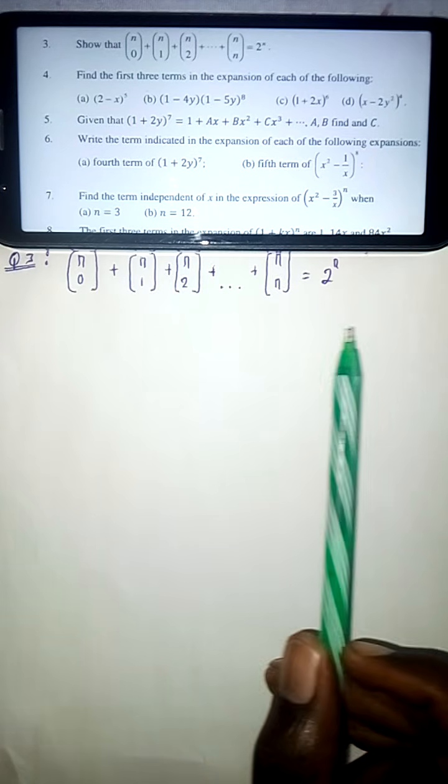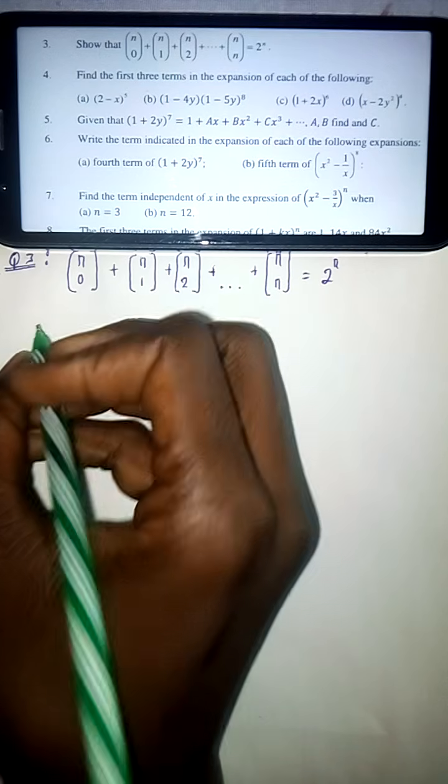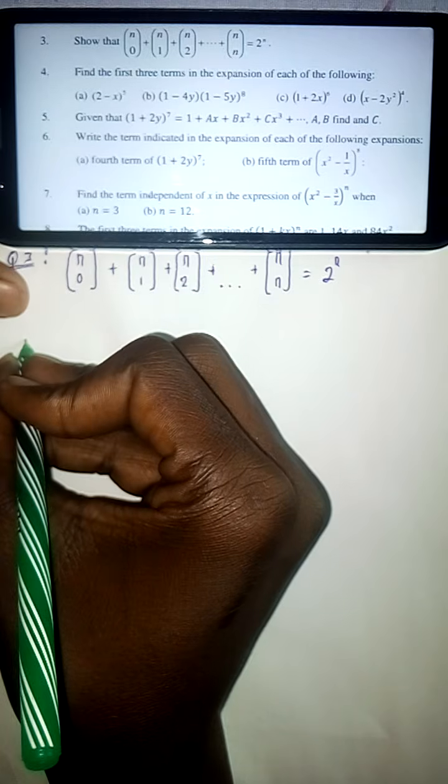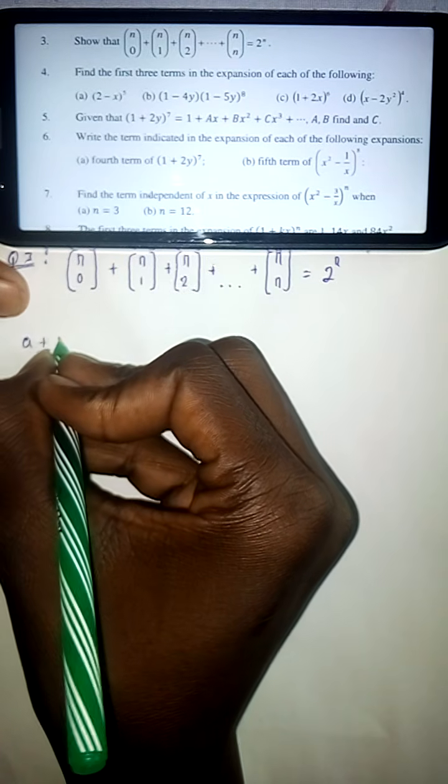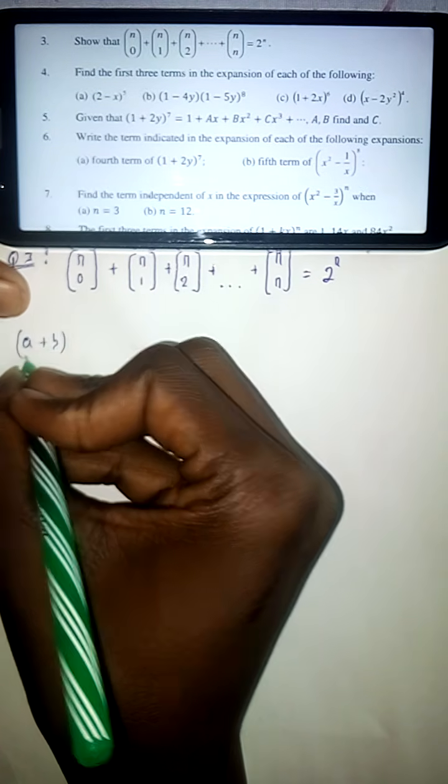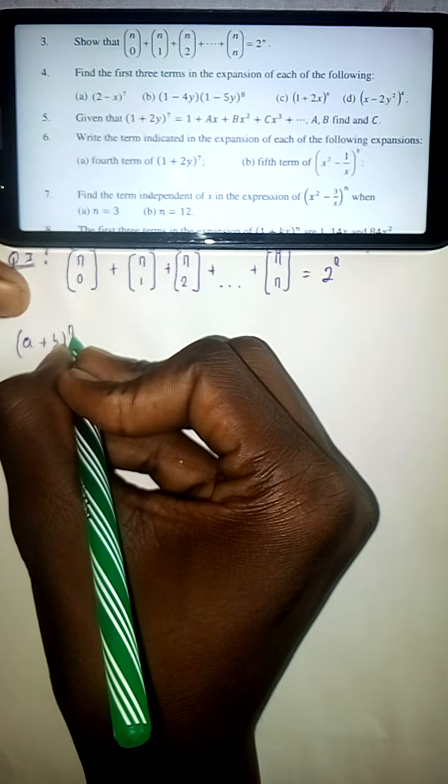All right, we have this question. Show that that is equal to that. So we need to show that this thing is equal to this. Since we are proving, we are going to use the format a plus b to the power n.